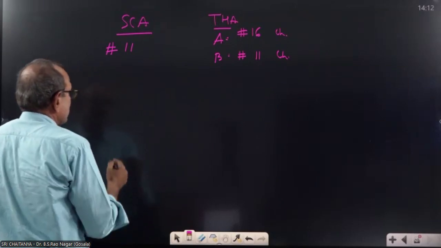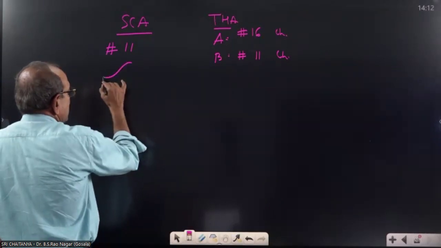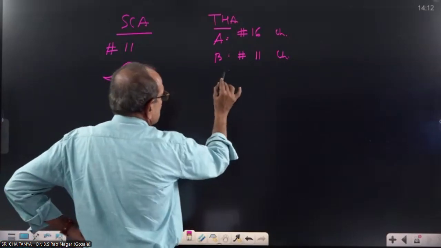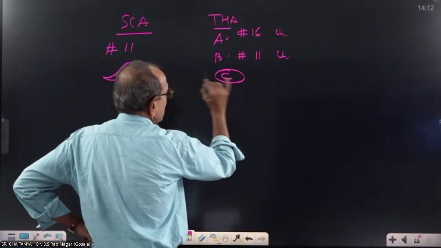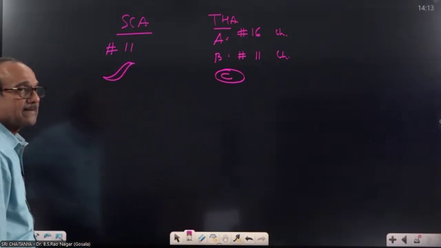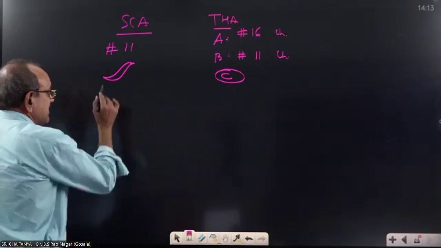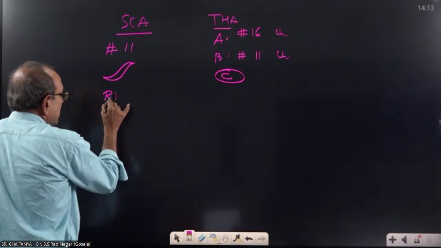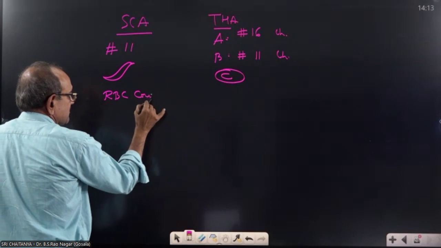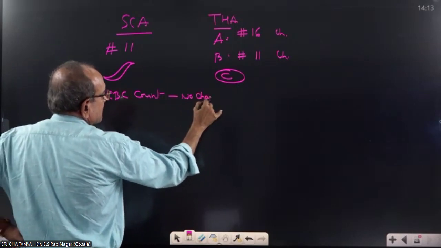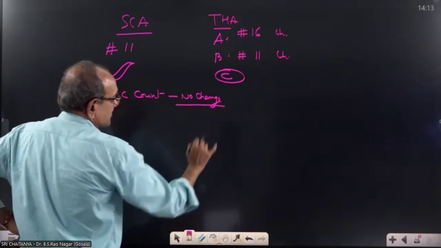In sickle cell anemia, the shape of the RBC will change, but here there is no change in the shape of the RBC; it is normal. Second one, this is important: in sickle cell anemia, the RBC count remains the same.